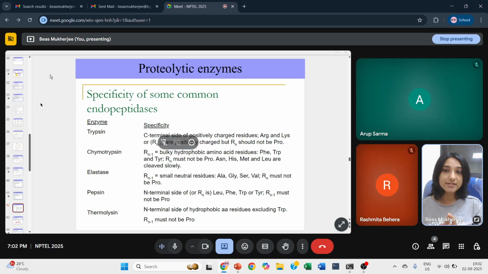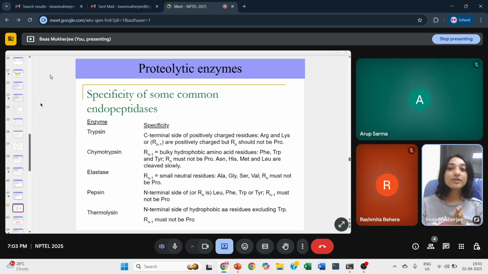Trypsin has a specificity where it cleaves on the C-terminal side of positively charged residues, arginine and lysine, but only if there is no proline present. In these questions, they will give you a peptide sequence and ask, if we add trypsin, how many fragments will you get, or how many places will it cut? These are the kind of questions you will get.